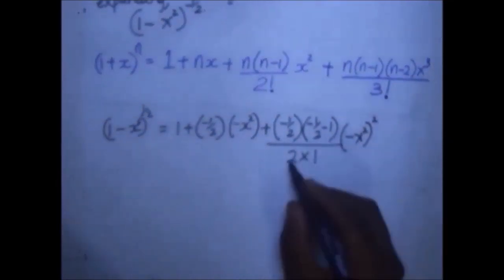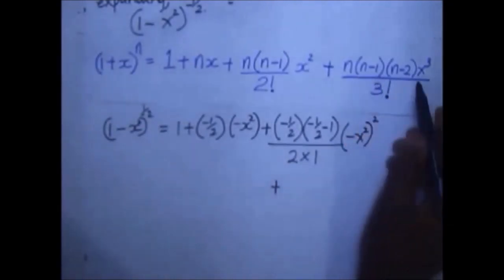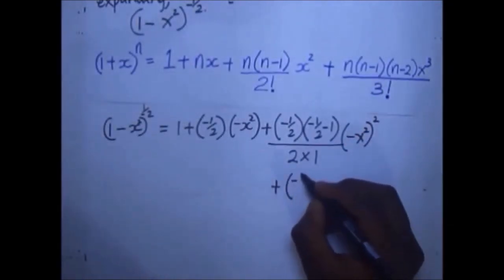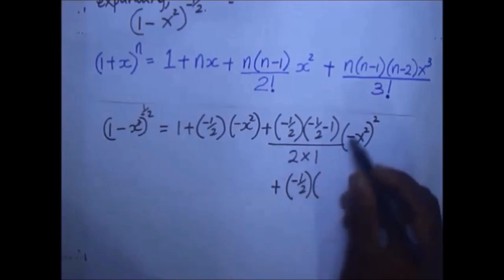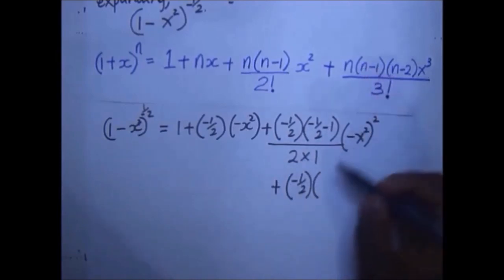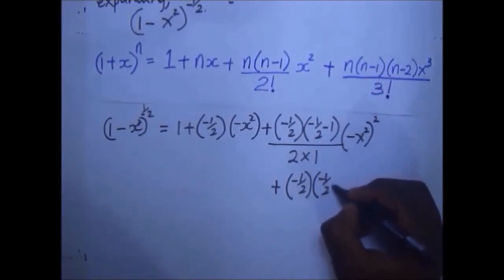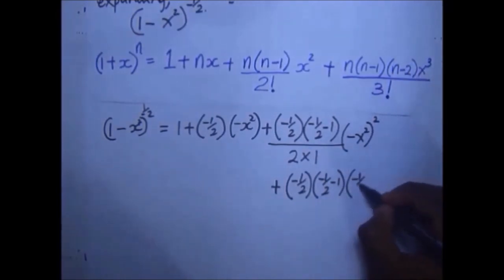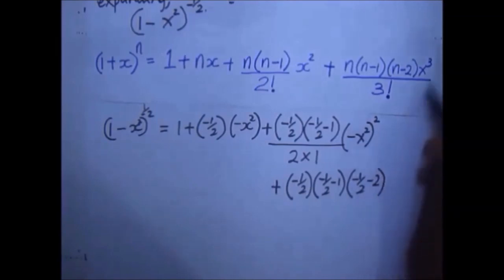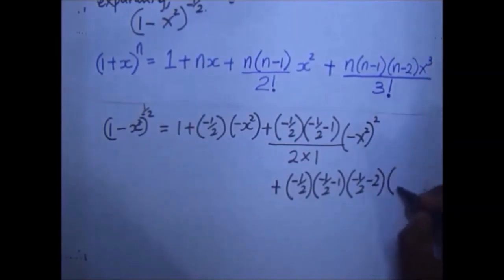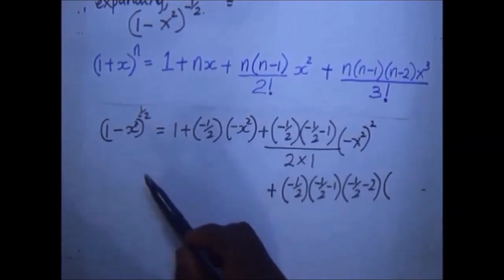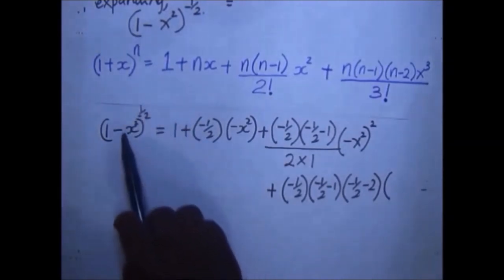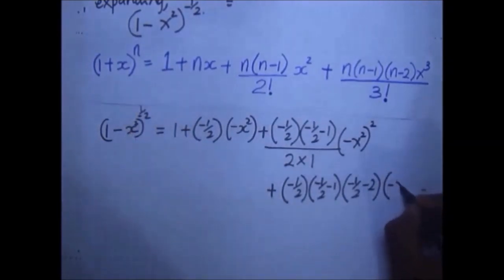And we continue with the third term, which, substituting in, is going to become negative a half into negative a half minus 1, into negative a half minus 2, times x to the power 3. What is x to the power 3? Our value of x is negative x squared, so it's negative x squared to the power 3.